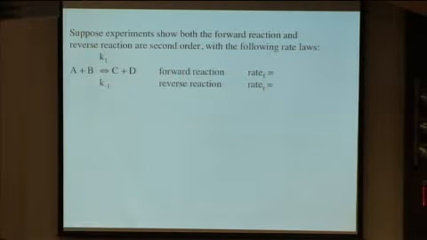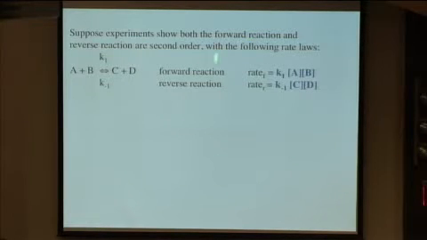So we have small letter k1 on top, and small letter k to the minus 1 on the bottom. The rate of the forward reaction is going to be equal to k1 times the concentration of A and the concentration of B. And on the bottom, for the reverse reaction, the rate is going to be equal to the reverse rate constant, k minus 1. And in the reverse direction, our reactants are the products of the forward direction, C and D.